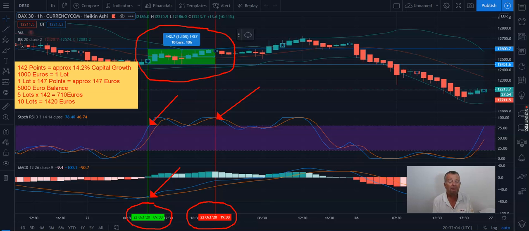Okay, so if the market should go in the downward direction, it will automatically close that trade, but it will also lock in our profits.